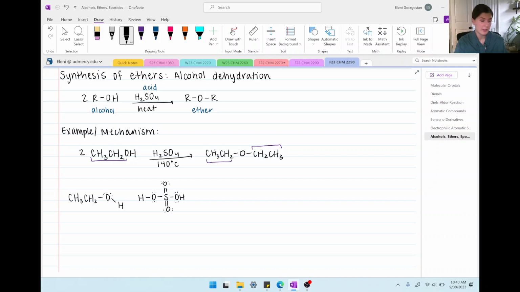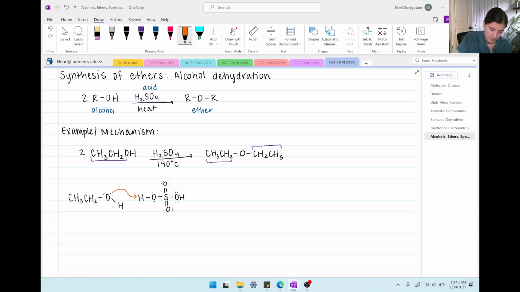Since we're working with a strong acid, pKa of about -9, it's a much stronger acid than the alcohol. So when the strong acid is present, the alcohol acts as the base. The oxygen is the only atom in the alcohol molecule that has non-bonding electrons, so it's the only atom that can create a new bond with its non-bonding electrons.